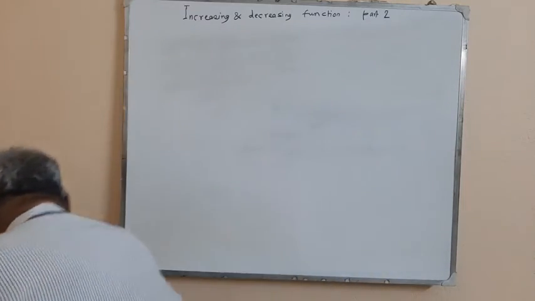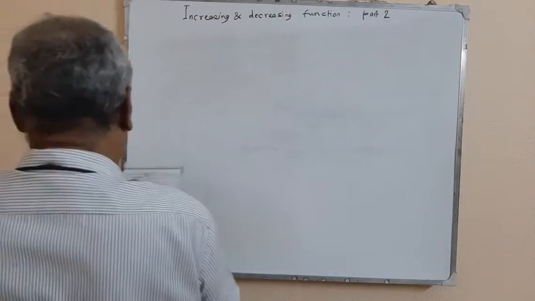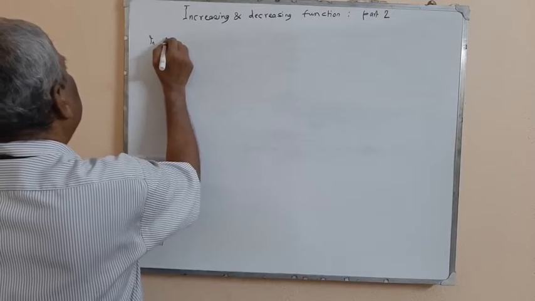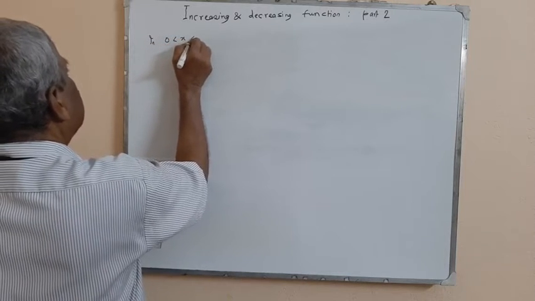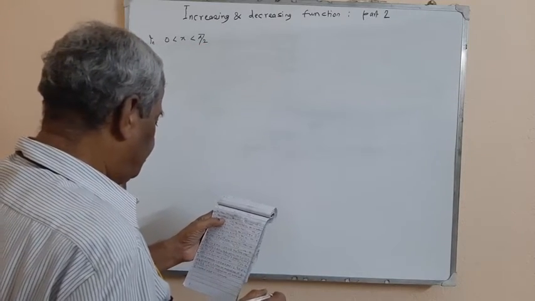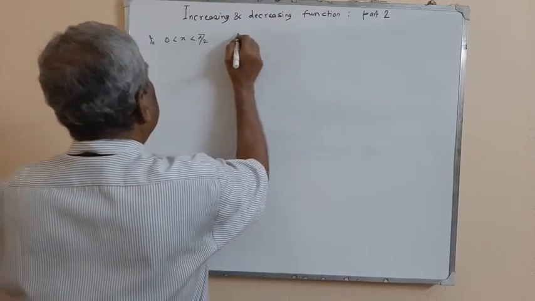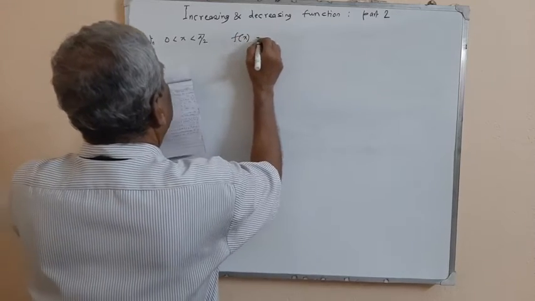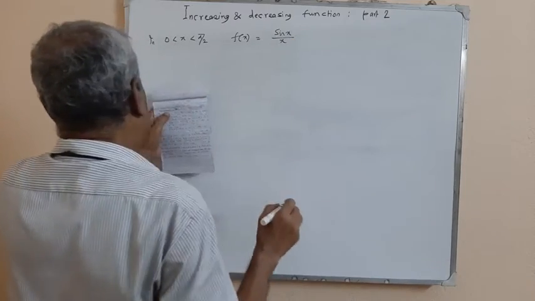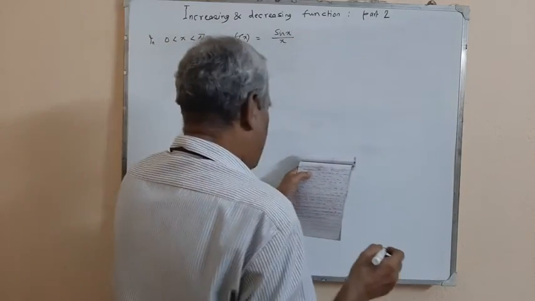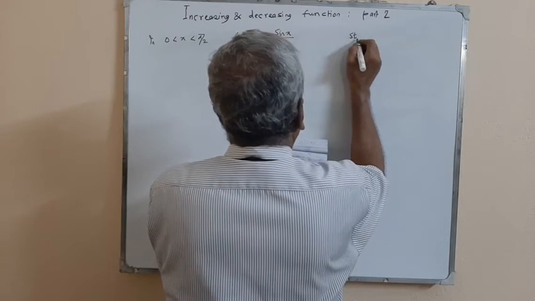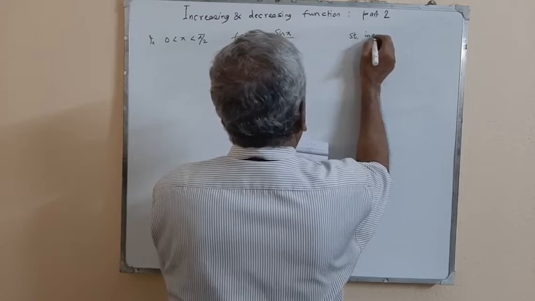Second one. In 0 less than x less than pi by 2, f(x) is equal to sin x by x. First option: strictly increasing function.